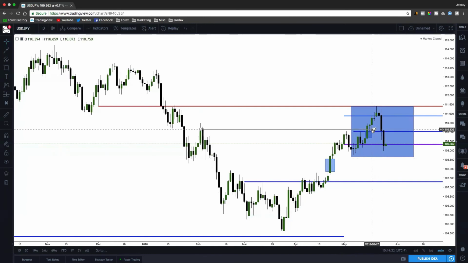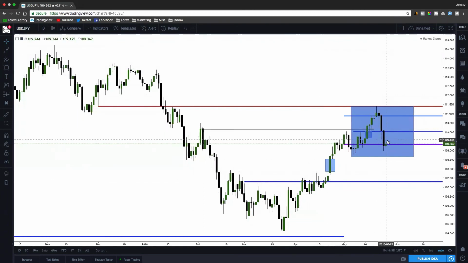In terms of direction, this to me looks like it wants to go lower, potentially into this ICT bullish order block here, coming in around 107.60 to 107.80. So 107.80 to 107.60 would be the downside objectives I'm looking for on USD JPY.